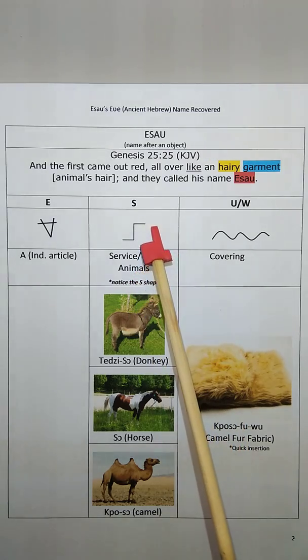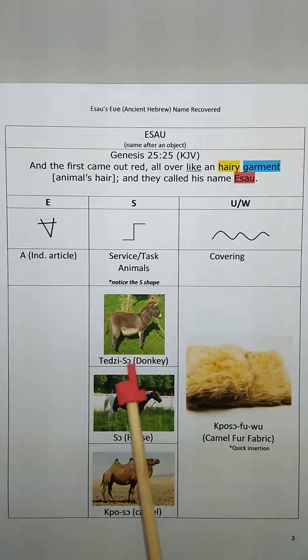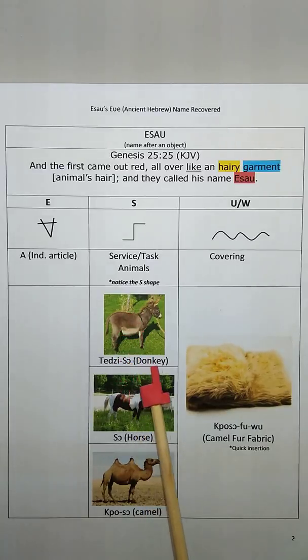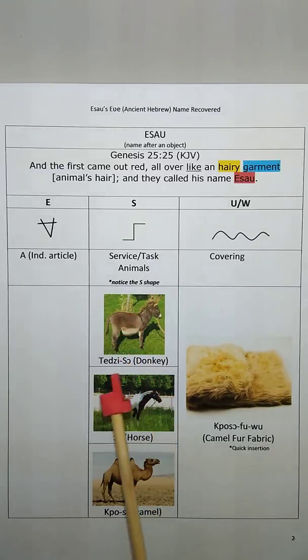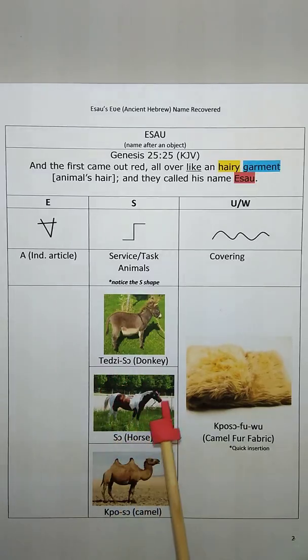For examples, a donkey in Eve is Deji Sa, a horse is a Sa, and a camel is Bosa.